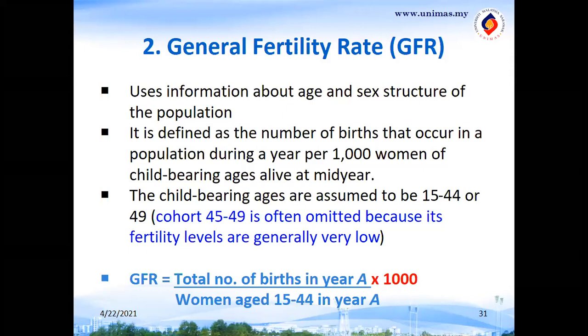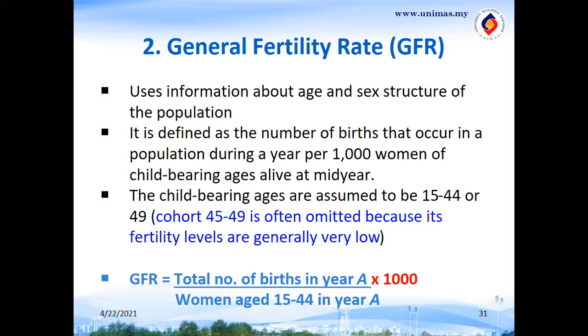Jadi senang juga as long as you can get this figure lah. Yang a little bit complicated adalah you have to get the number of women who are in this group. Ya ini kekal seperti dulu tadi lah. This will not change seperti dalam CBR, that's the same number. But over here is the number of women who are between the age of 15 to 44. Okay, so you have to get that figure, and then you times by 1,000. That is the general fertility rate.